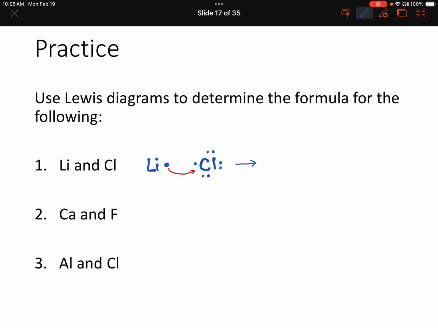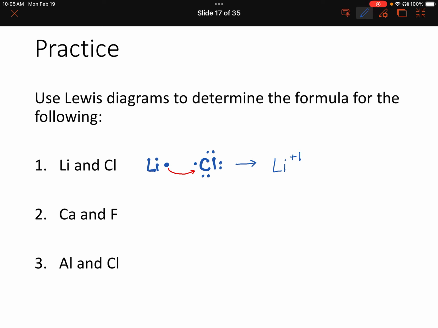So lithium, when it loses that 1 negative charge, is going to become a positive 1 ion. Remember, when lithium is neutral, it has an equal number of protons and electrons, so an equal number of positives and negatives.